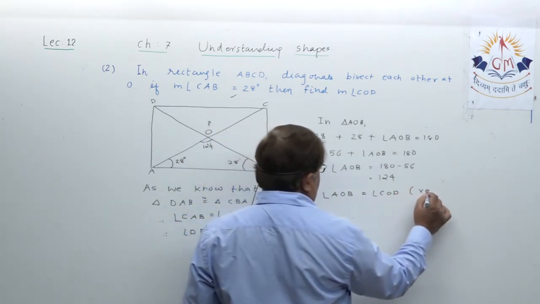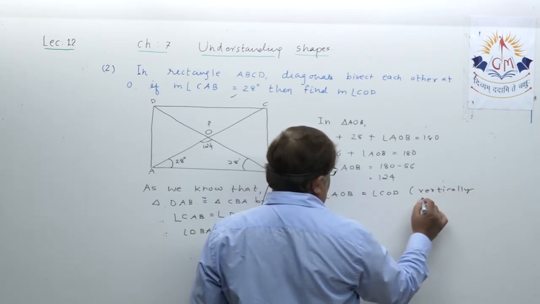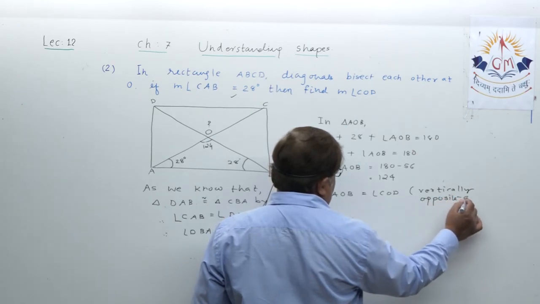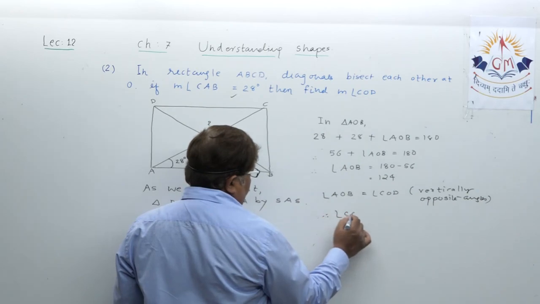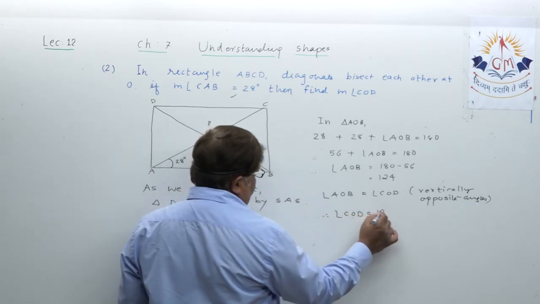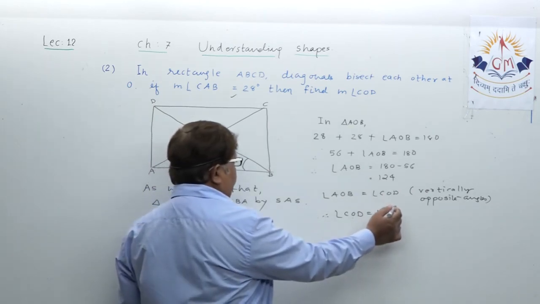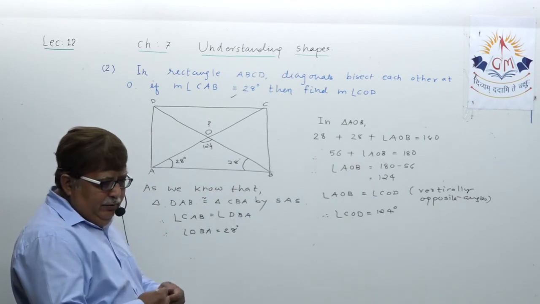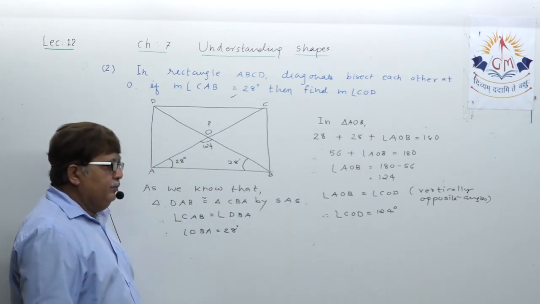The reason you produce is they are vertically opposite angles, therefore angle COD equal to 124 degrees. At the end you write degree. Don't involve that degree in calculations. Okay. So the sum is over.